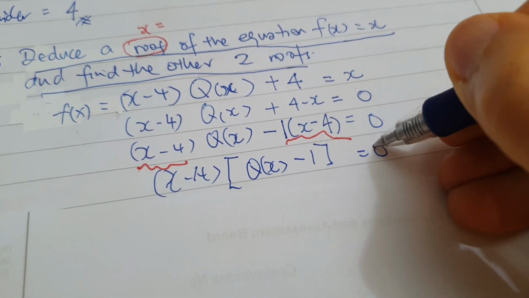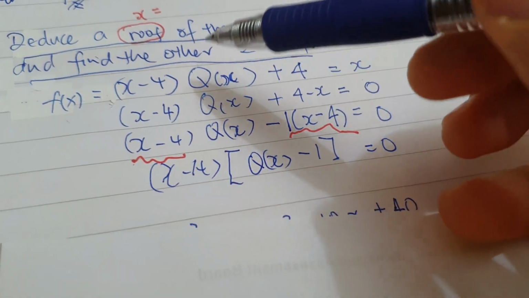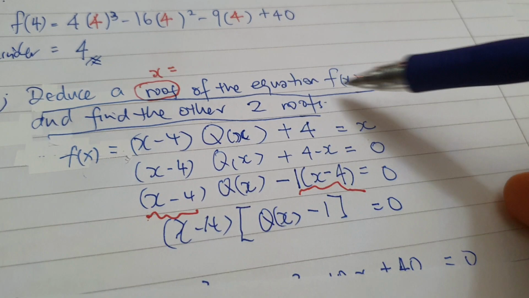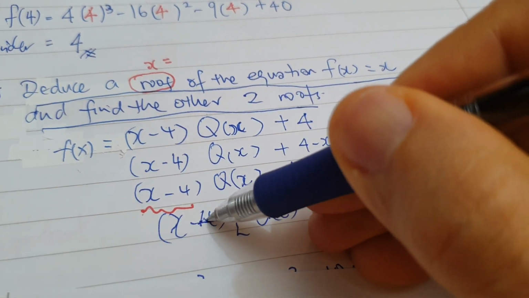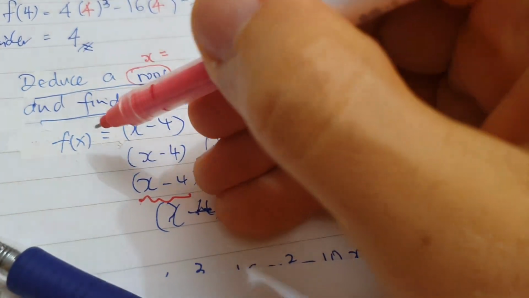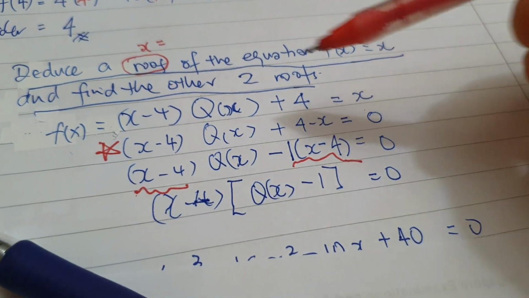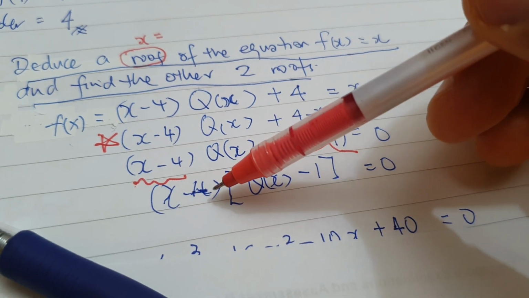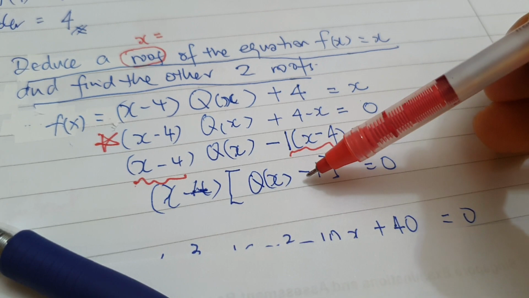Now, what I have done is I have very intelligently reconfigured this equation that they're giving me, and what this means is that this new equation here, I put a star here, it's a new equation that's been formed by putting an x here, can actually be divided by x minus 4, and the new quotient is the original quotient minus 1.